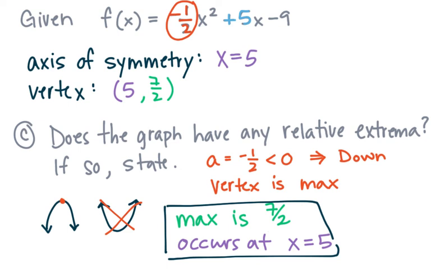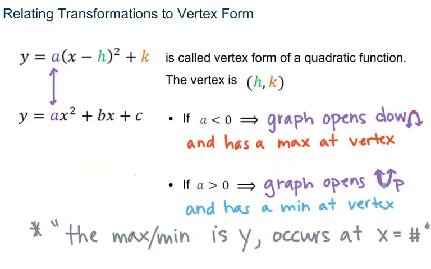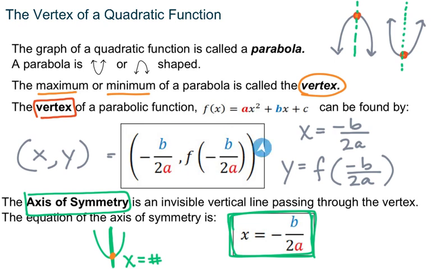If you are asked to maximize or minimize, to find that maximum or minimum value for some function, you're really just going to be using this vertex formula. So as long as you can determine what B and A are, you'll always be able to solve these maximum and minimum problems when we're dealing with quadratic functions.